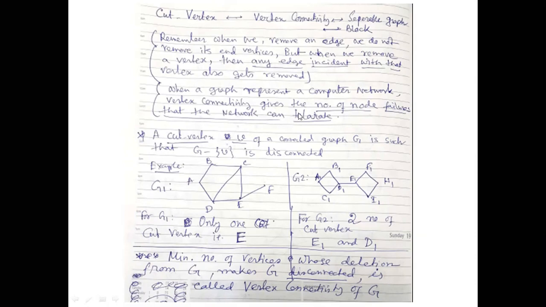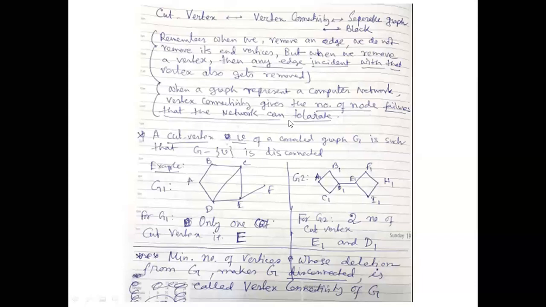Vertex connectivity of the graph is a number that has a huge application in network architecture. That number gives the number of node failures that the given computer network can tolerate.